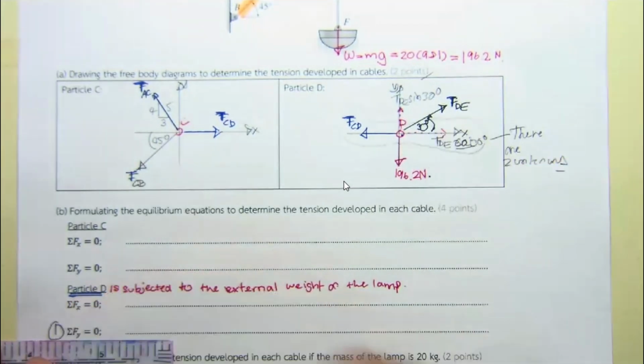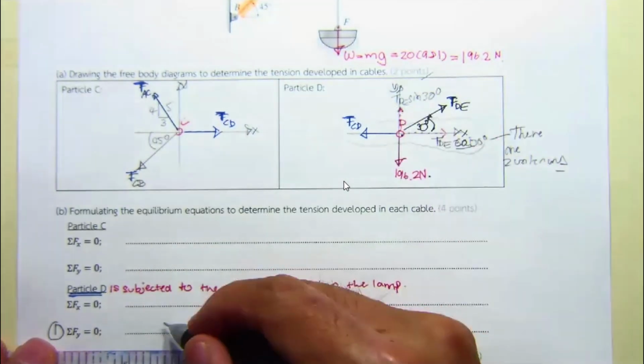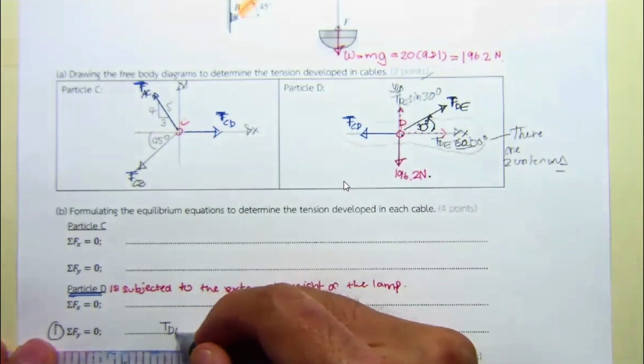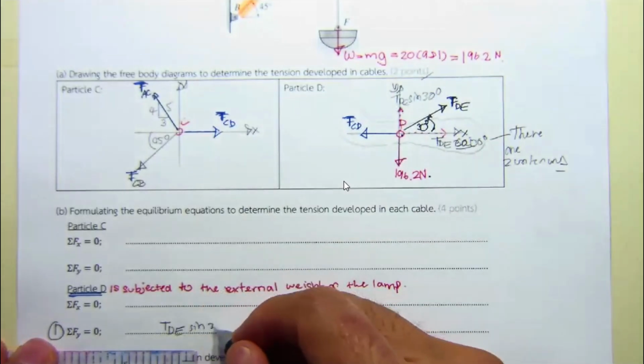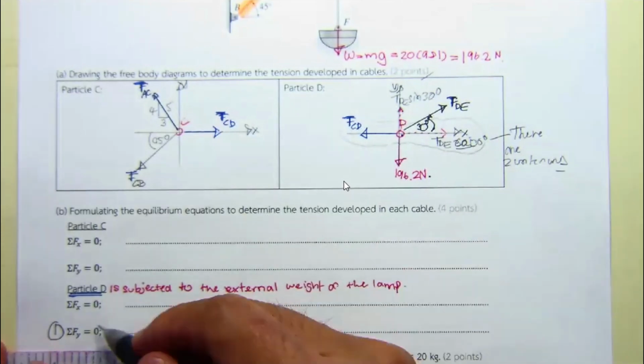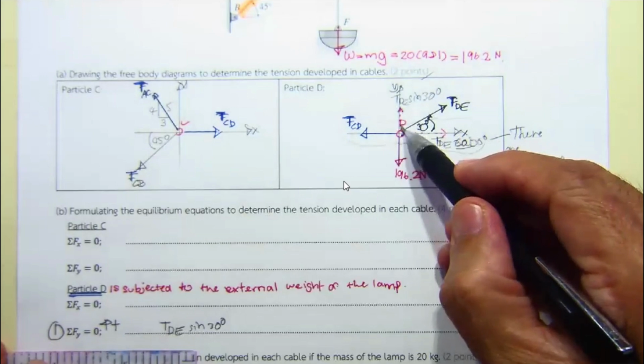Let me start first over here. In the y direction, what do you have? This is T sub DE sine 30 degrees. You put this one upward to be positive.